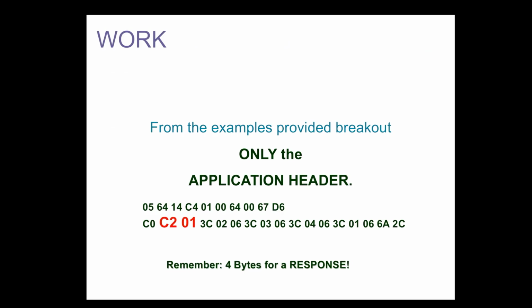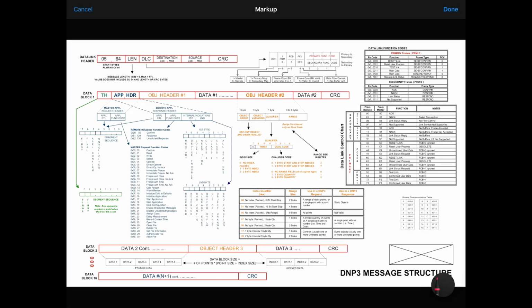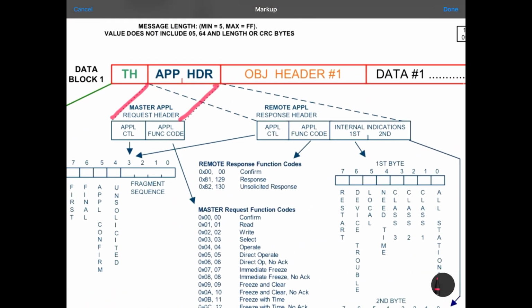Okay, so let's actually go to that breakout sheet, and we'll look further at how to use it with respect to the application. Remember we're looking at the application header section. If you look closer, notice how it says for a master application, that is a request header, we only have 2 bytes. 1 byte, 2 bytes.